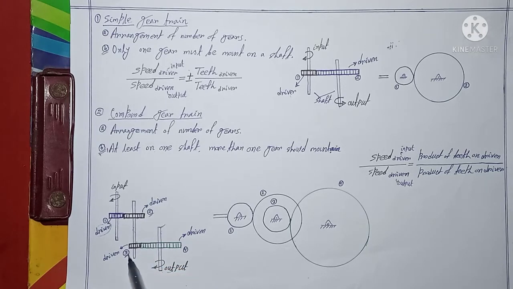Similarly, gear 3 is also coupled with shaft 2, meaning when shaft 2 starts rotating, gear 3 also rotates. So this time this one acts as a driver, and gear 3 is basically the reason due to which gear 4 rotates.